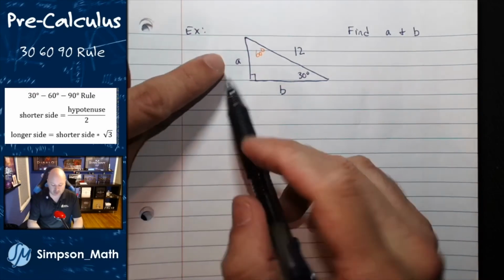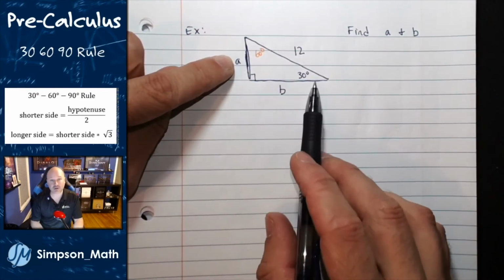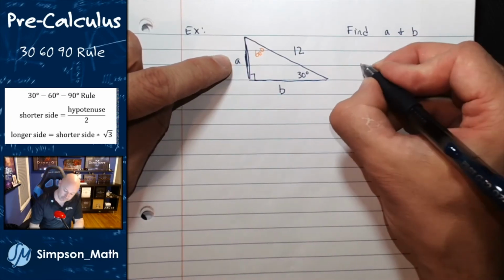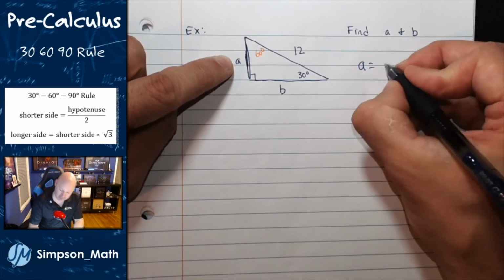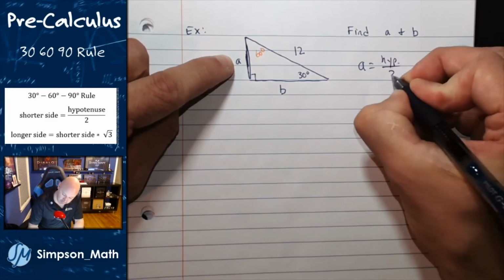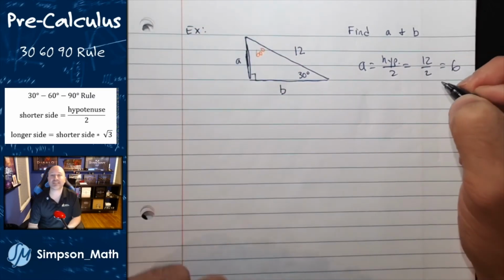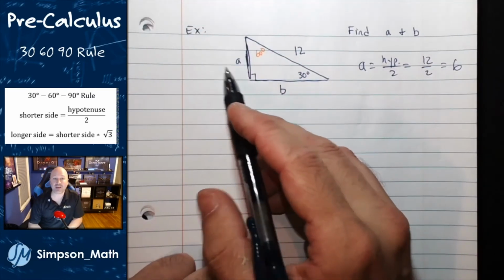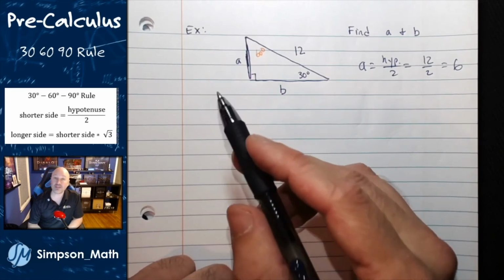And I know the shorter side length, the side length opposite the smaller angle, a, will be equal to the hypotenuse divided by 2, which is 12 divided by 2, which is 6. So a measures 6. The rule continues.